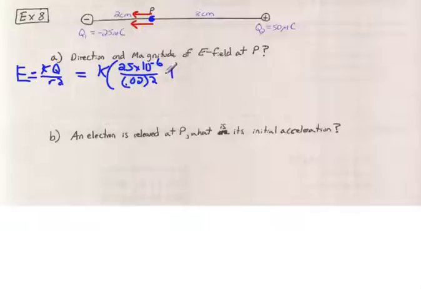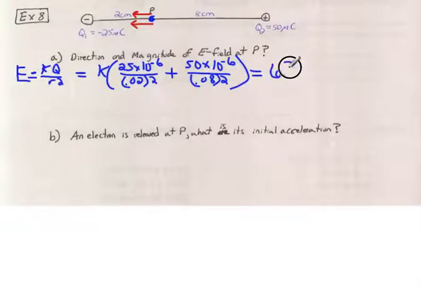And then we're going to add, since the field's going in the same direction, that 50 microcoulombs. And that's located 8 centimeters away, so 0.08 squared. And we'll have K, 9 times 10 to the ninth, outside of that, so that should give us the field strength right there. So let's see, I think we get about 6.3 times 10 to the 8th.